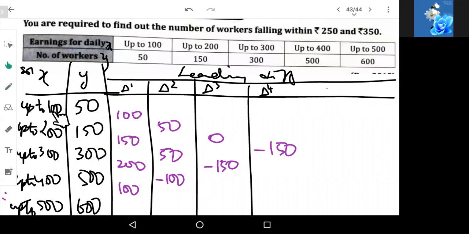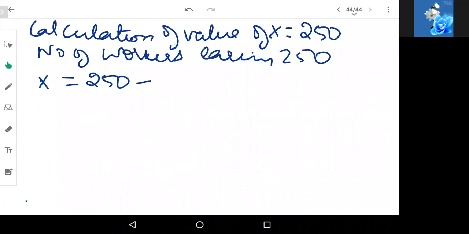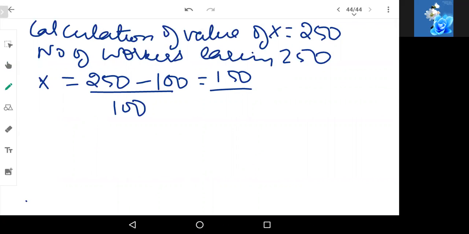Origin of x is 100. And what is the difference between the values? That is also 100. So origin of x is 100 divided by 100. So this will be 150 by 100, which is 1.5 will be x.